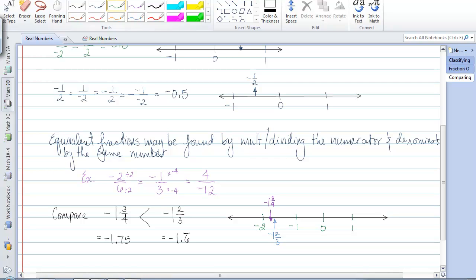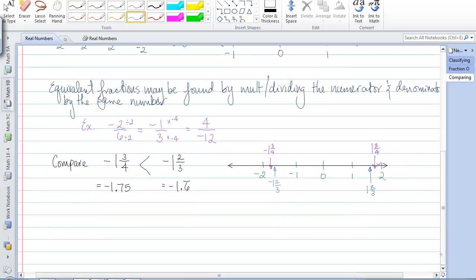If you're still not sure, another way to look at it is to think about them in the positive side, where we would place positive +1 3/4 here, and when we take the opposite, it's directly on the opposite side of 0, and when we look at 1 2/3, it's here, and so because it's closer to 0 on the negative side or to the right, remember the further right it is, the greater the value.